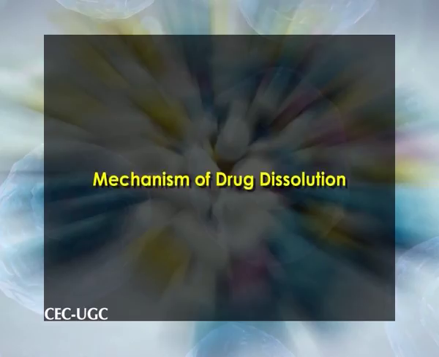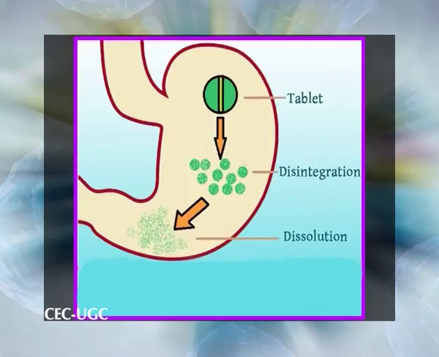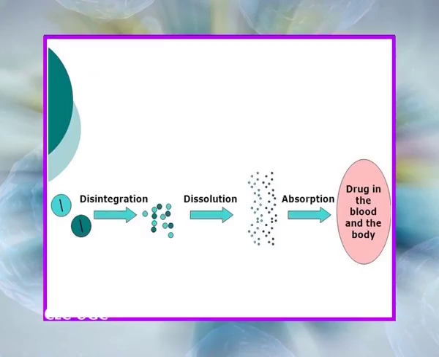Now, let's understand the mechanism of drug dissolution. The mechanism of drug dissolution is quite simple. Drug molecules in the surface layer are first broken into small granules which are further disintegrated into even smaller particles just to increase the surface area for dissolution.